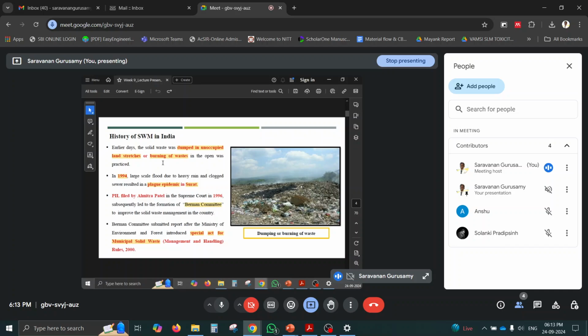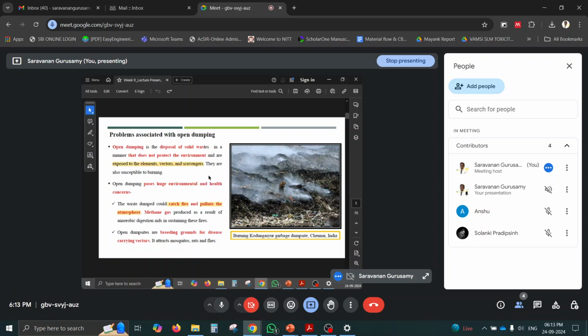Now we are following the Municipal Solid Waste Management Rules that were amended in 2016. The first rule came in 2000, the Municipal Solid Waste Management and Handling Rules 2000, proposed by the Ministry of Environment and Forest, Government of India. So this is the broad history of solid waste management rules.